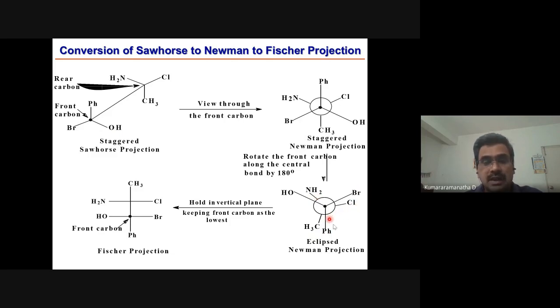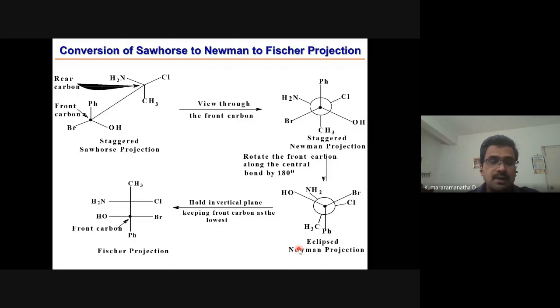Now you can easily identify. Again, you remember from which direction we are viewing, phenyl or methyl. Those are the ones in the vertical lines. Vertical lines are away from you, and horizontal lines are nearer to you. So now you can see hydroxyl and bromo are in the horizontal line. That is the first carbon, because of the dot. And the rear carbon has amine and chloro group, the second carbon, and you have methyl and phenyl as vertical lines.